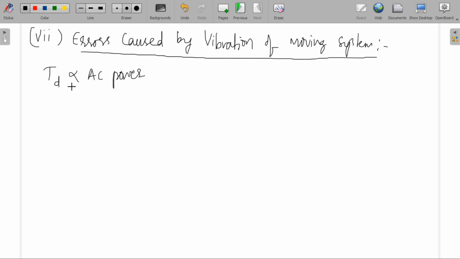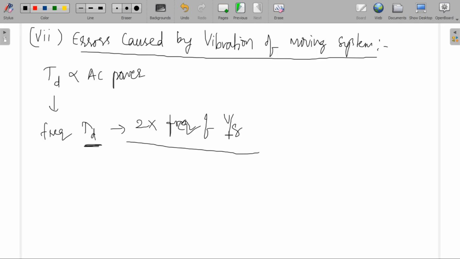Because deflecting torque is directly proportional to AC power, the frequency of power will be twice that of voltage. So the frequency of the deflecting torque is twice the frequency of the applied voltage.